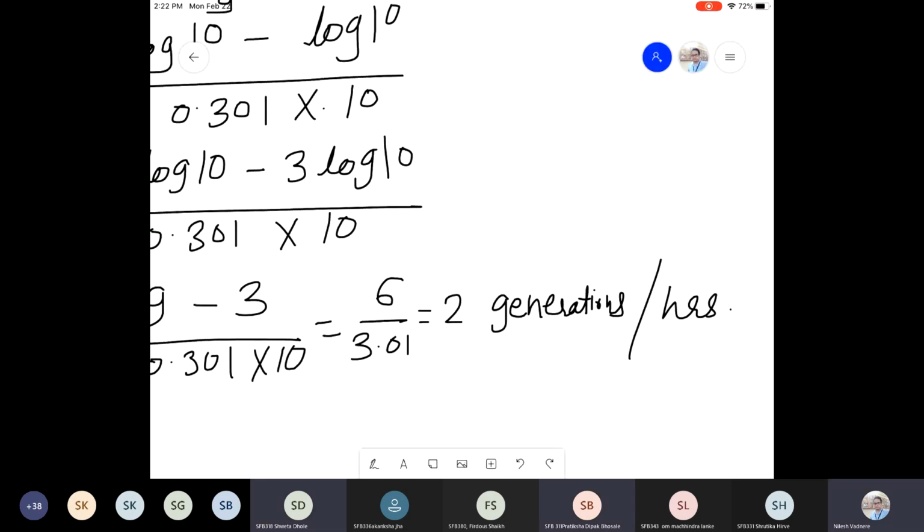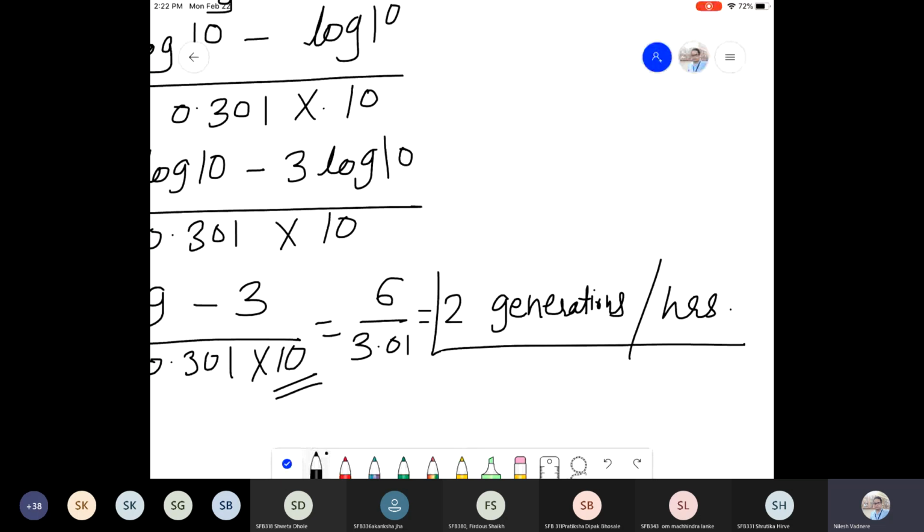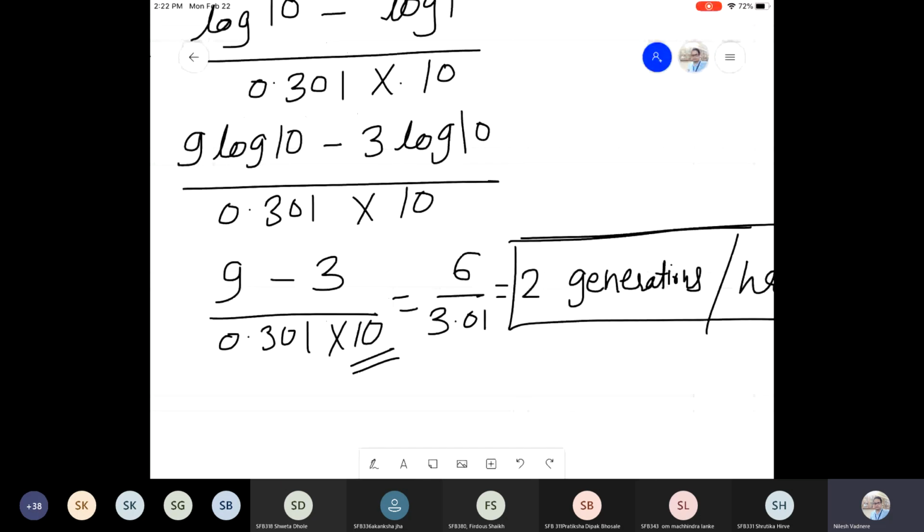But this, sir, is per hour. हाँ per hour. But we are using this 10 hours as incubation time. ये denominator में 10 hours लिखा है ना हमने, तो वो unit वहां पर जाएगा. So therefore the value of k is 2 generations per hour.